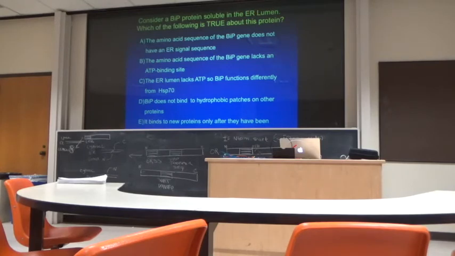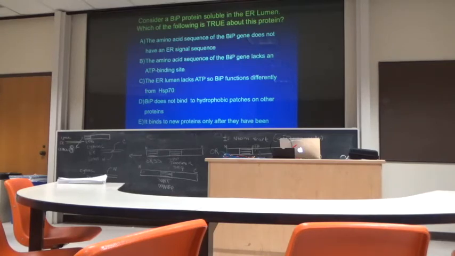Right, you knew that it was an ATPase, so in order to be an ATPase, it has to bind ATP in order to split it. Excellent, and you knew that because you were comparing it with HSP70, so it must be an ATPase, must bind ATP. And the ER lumen lacks ATP, so BIP functions differently from HSP70.